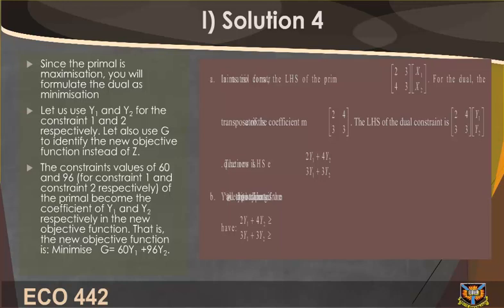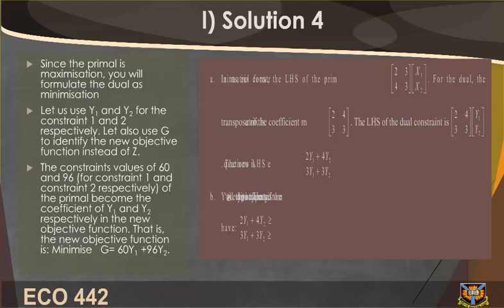In matrix form, the LHS of the primal constraint is the matrix 2, 3, 4, 3 times x1, x2. For the dual, the transpose of the coefficient matrix is 2, 4, 3, 3, so the LHS of the dual constraint is 2, 4, 3, 3 times y1, y2.